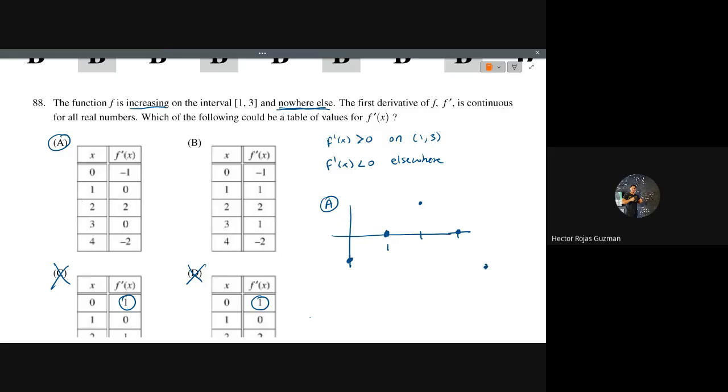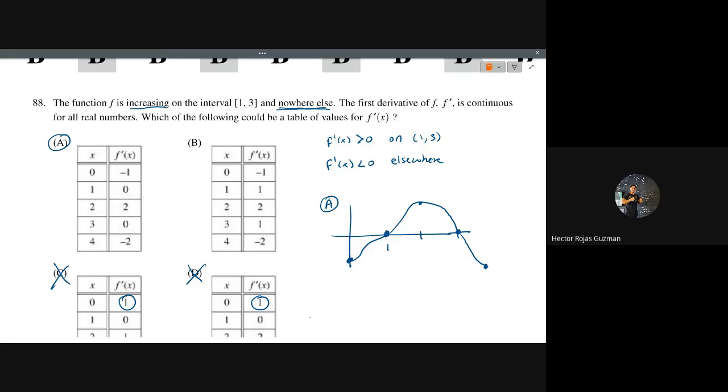If I draw a graph right here, because the function is continuous, I know my derivative has to somehow connect to this point, the next point, and the next point, and the next point. This graph leaves no room for error, right? f prime of x is only positive starting with 1, all the way to 3. And we know that for sure because the point is an x-intercept. We have 1, 0, we have 3, 0.